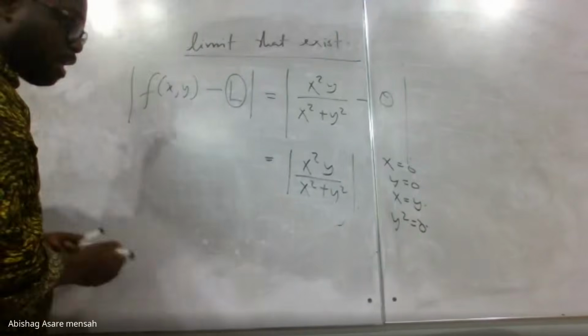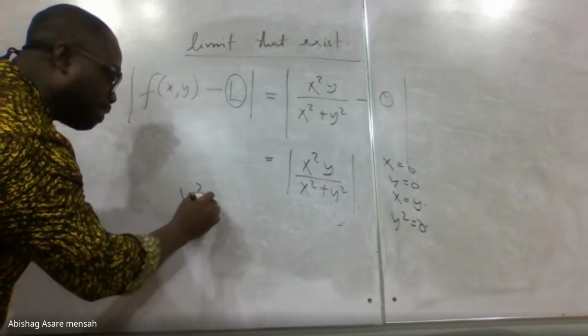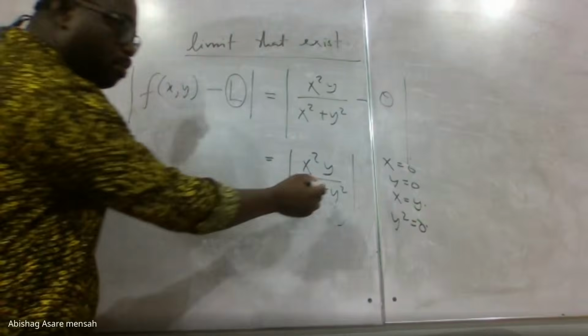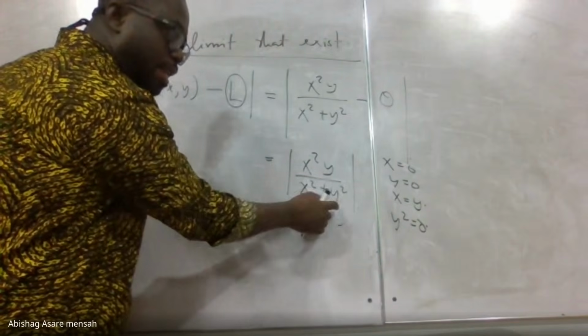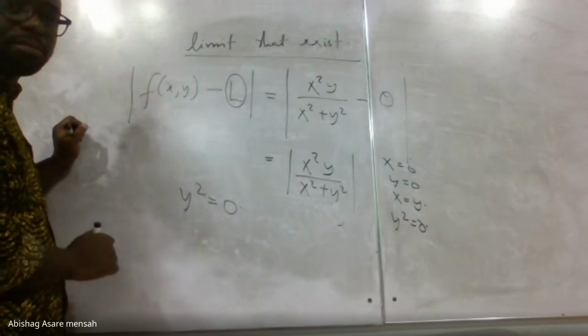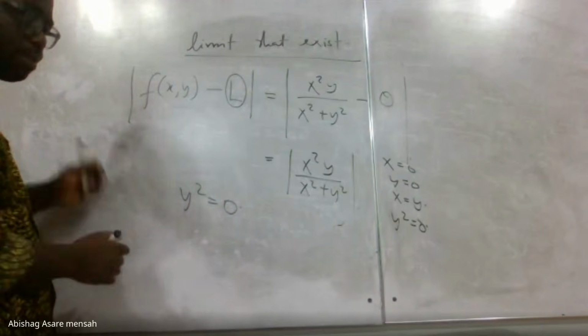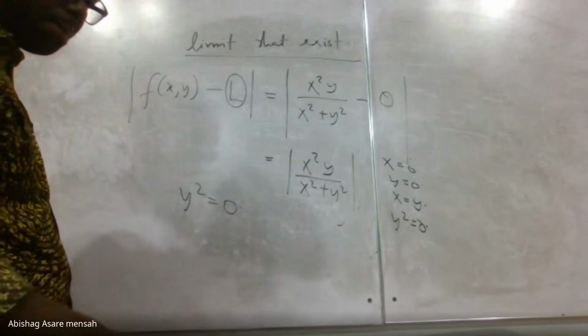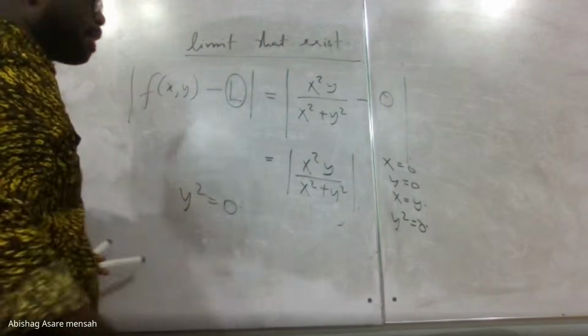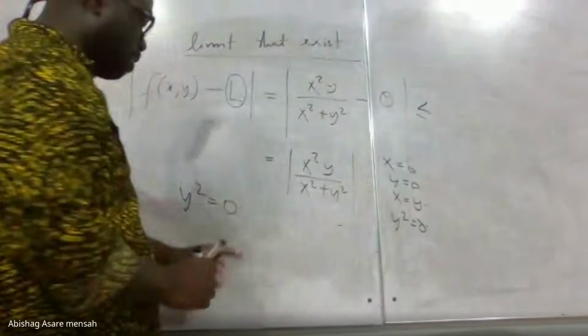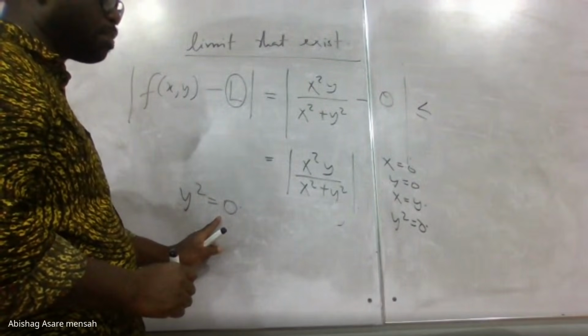Now the next step is to set y squared equal to 0. We want to eliminate the y squared here. So we set y squared equal to 0. Now if we set y squared equal to 0, let's look at what will happen. This expression that I have here is less than or equal to... I'm setting y squared equal to 0.